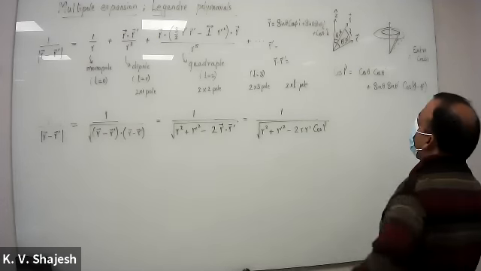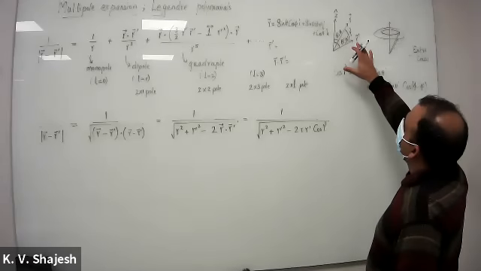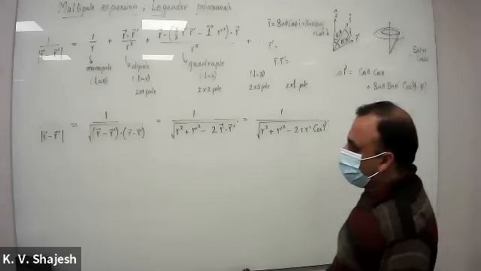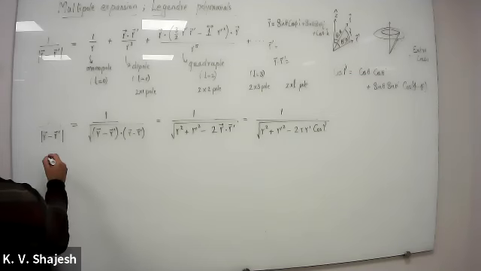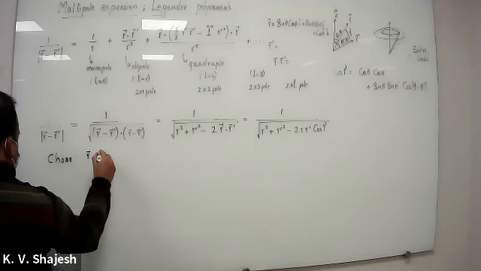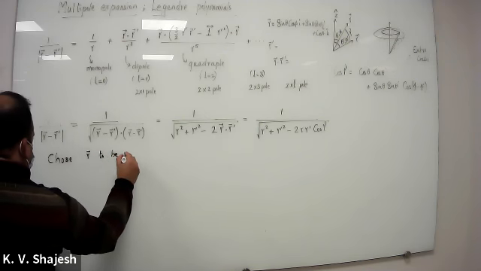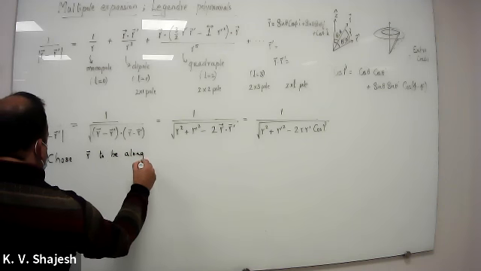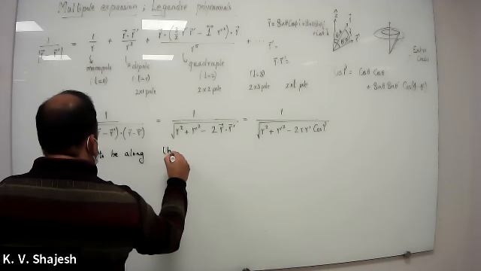Let's do one simple thing. It doesn't actually matter, but let's choose r to be along the z-axis.